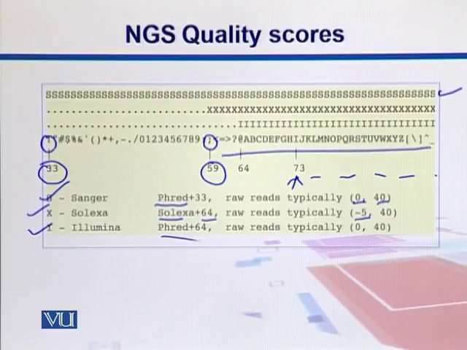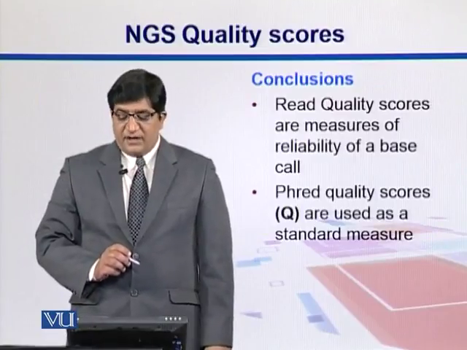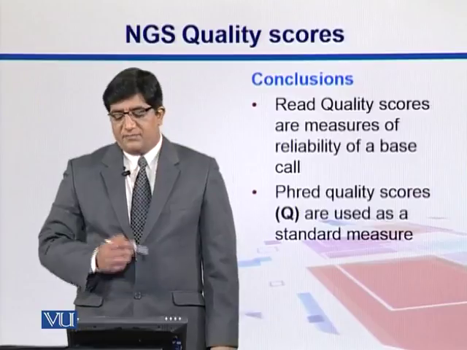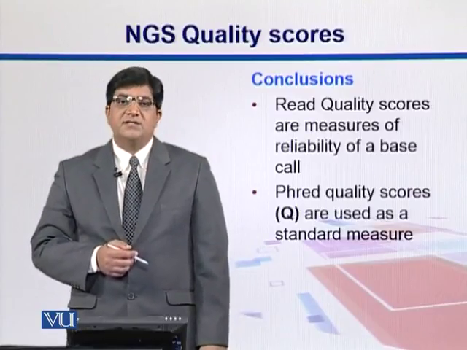They use Phred, and then they add 64, so obviously they start from here and use these characters. If you are using some software, you need to specify which scheme the quality scores are using. That is an important task to do. So what we have seen so far is that read quality scores are measures of the reliability of a base call, and Phred quality scores are used as a standard measure.